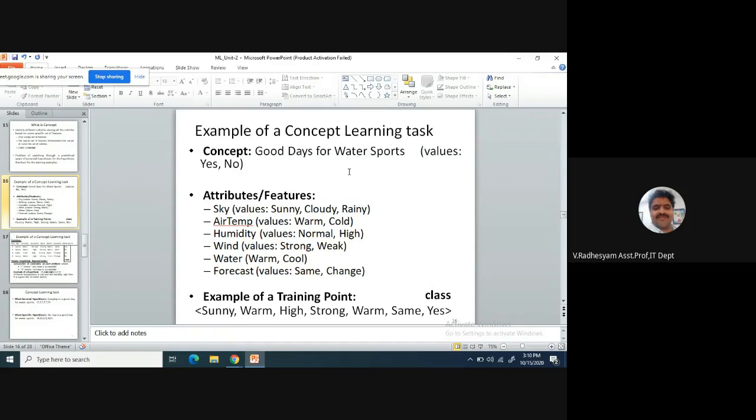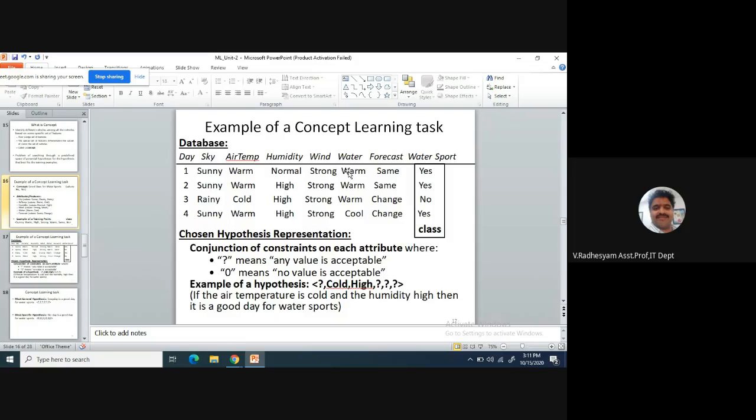Previously, sky, air temperature, humidity, wind, water, forecast, all these belong to attributes. Suppose in this example, question mark means any value is acceptable. 0 means no value is acceptable.